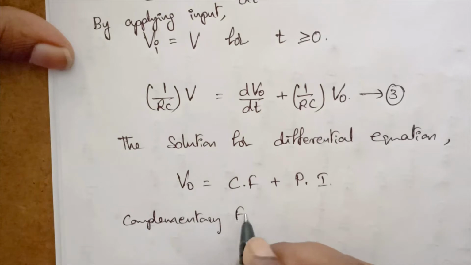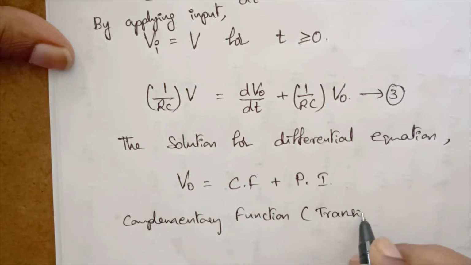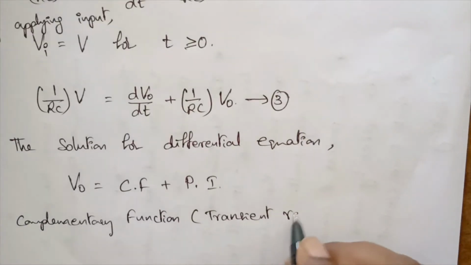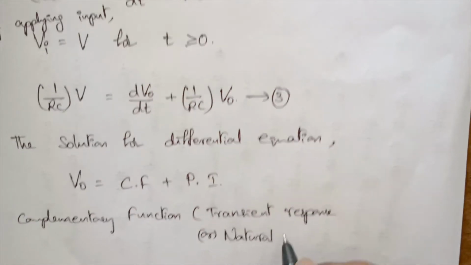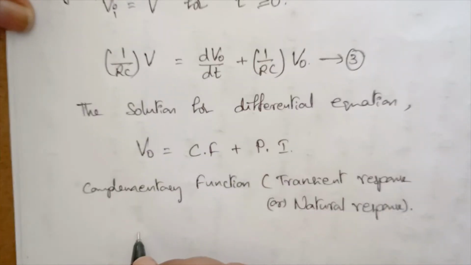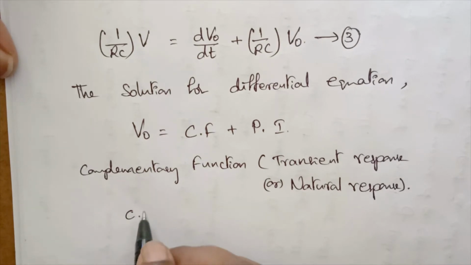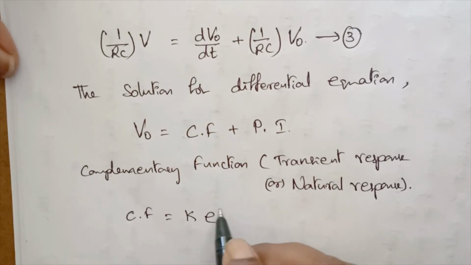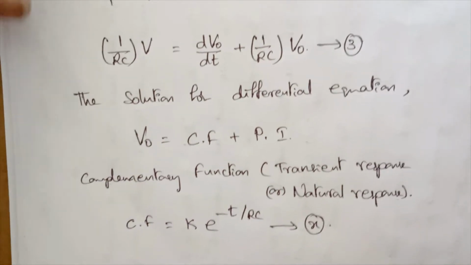The complementary function is also called the transient response, or natural response. Generally for any circuit, the complementary function is in the form of k into e power minus t by RC. Let this be equation X.